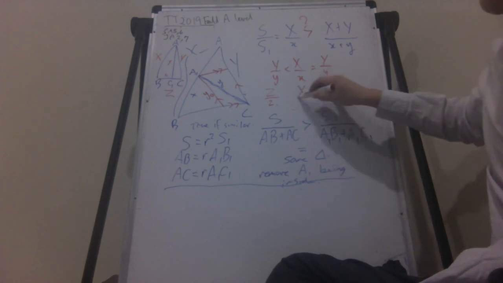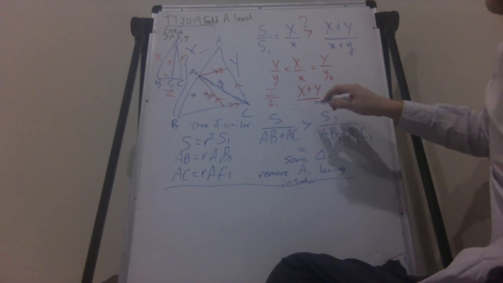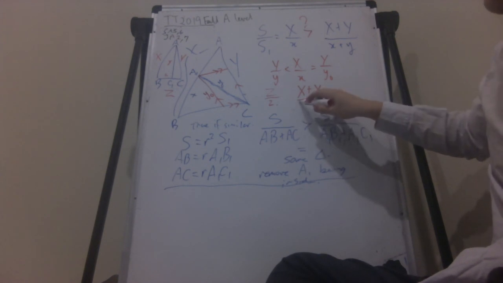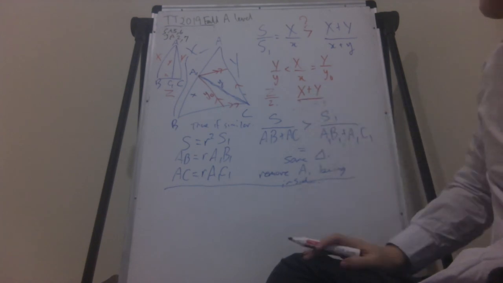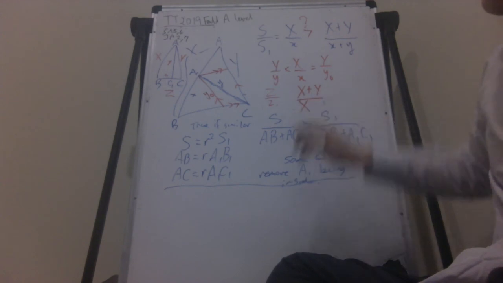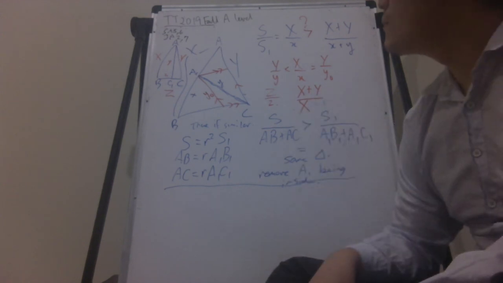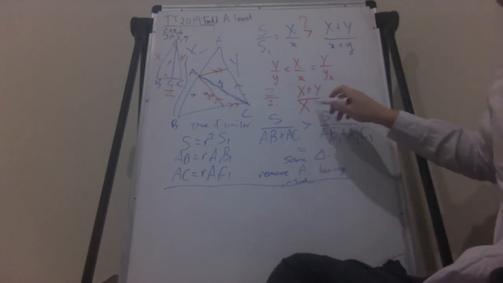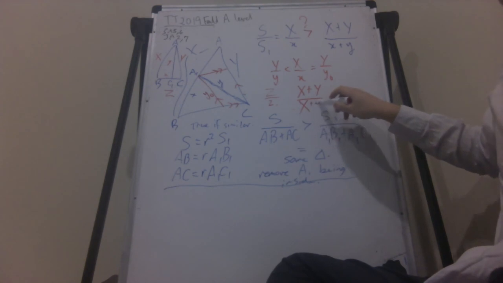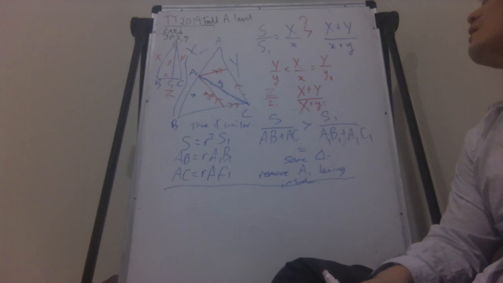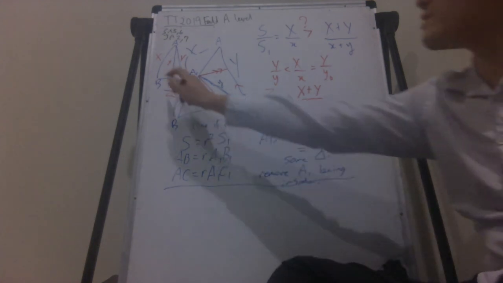So you have X plus Y on basically X plus little y. So that's that other case here, yeah?